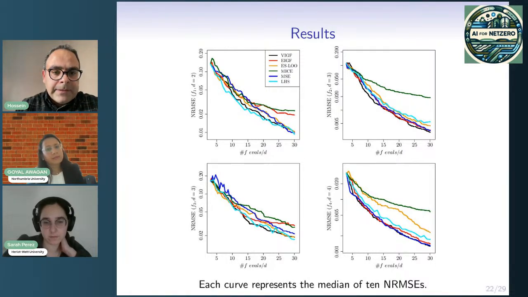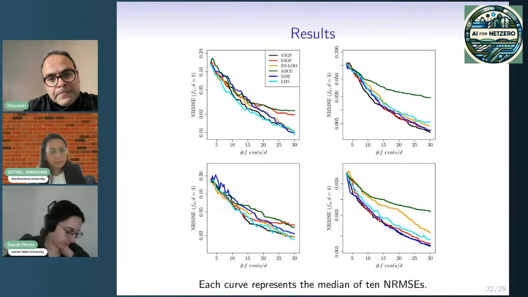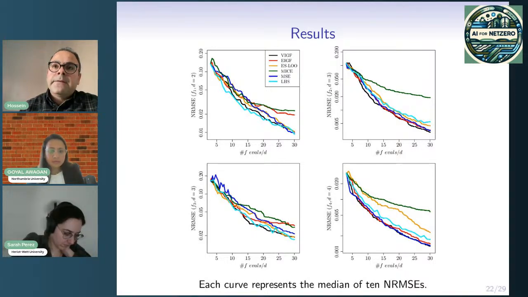And here we represent the dimensionality of the problem. VIGF is in black, and as the sampling process continues, VIGF constantly decreases, which is a good sign, and we can observe the same phenomenon in other experiments.